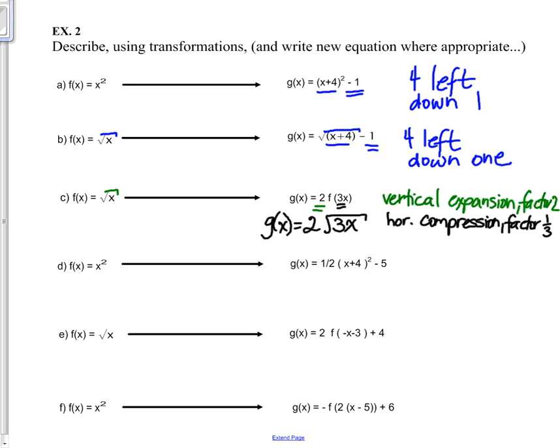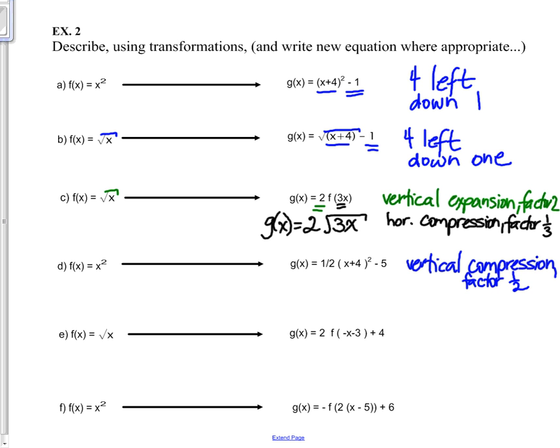D. I'm starting with a quadratic again, and I have my equation already done. I just need to list and describe the transformations. Left to right, I have a number multiplying outside the function. It is a vertical. Since it's a fraction, it's a compression, factor 1/2. So if I were drawing this parabola, my step pattern, all the ups are halved.